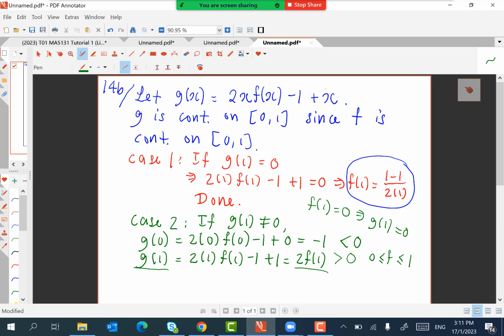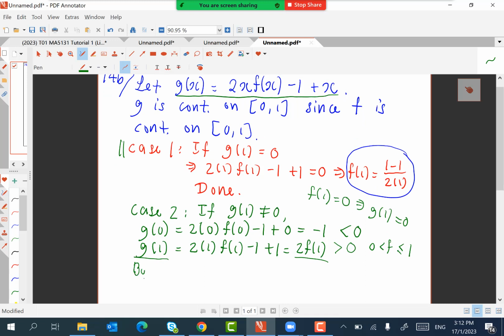Look at this expression here: if f(1) is 0, you put x as 1, you will have g(1) equals 0, and that is actually our case 1. You know what I mean? So although f is between 0 and 1 inclusively, for this case 2 there isn't an equal sign for 0. Therefore, I can conclude that f(1) is positive. Therefore, g(1) is also positive.